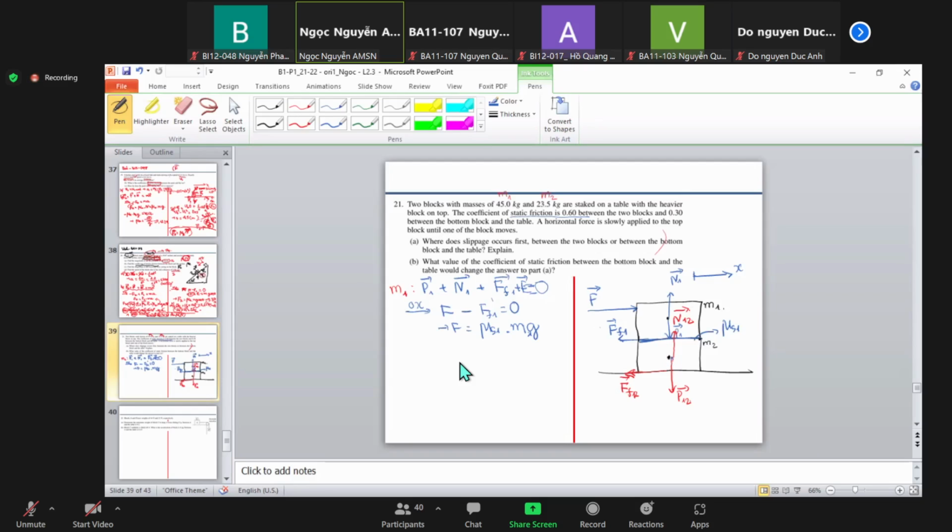Okay. And for the rest one here, you have to care both about M1 and M2 because they are stuck to each other. So you have for M1 plus M2, what do you have?